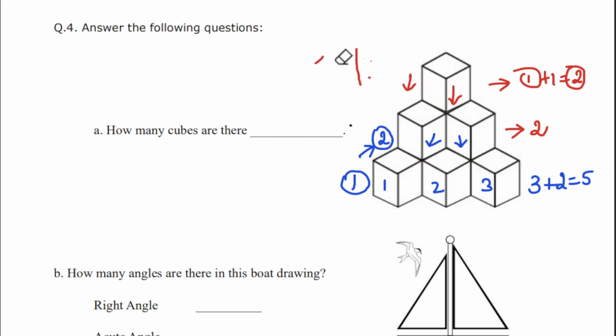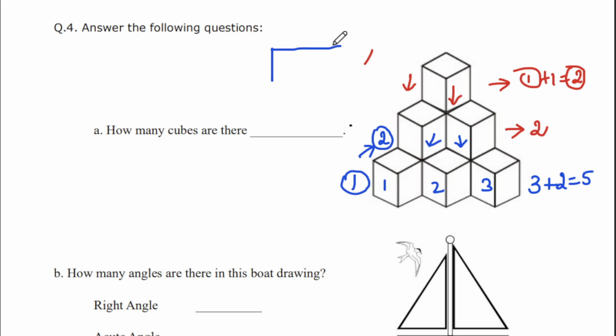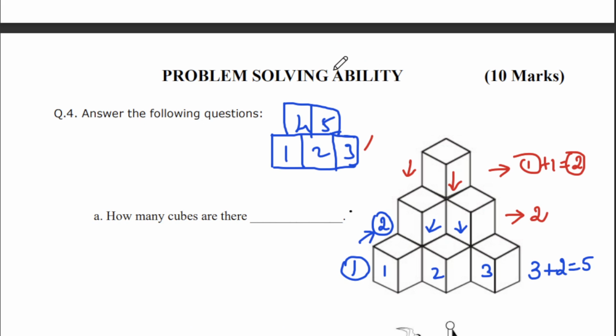Wait, students. Maybe I'll do it another way so that you can easily understand. So this is the base of this net. 1, 2, 3, 4 and 5. So 5, and on top of this we have one more cube, like this.